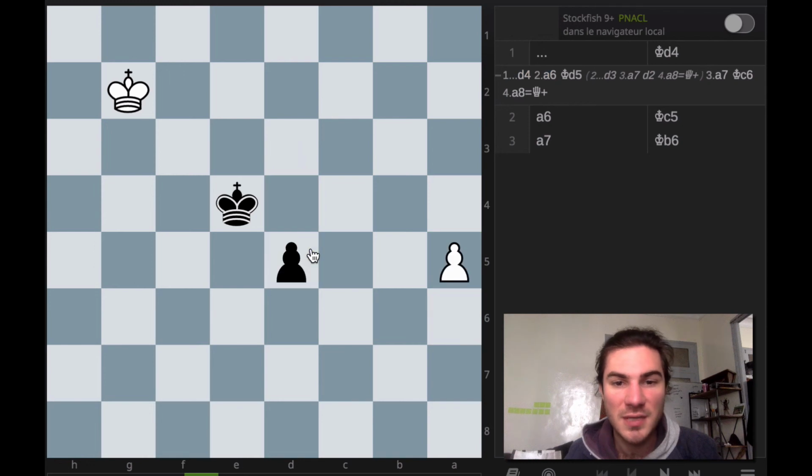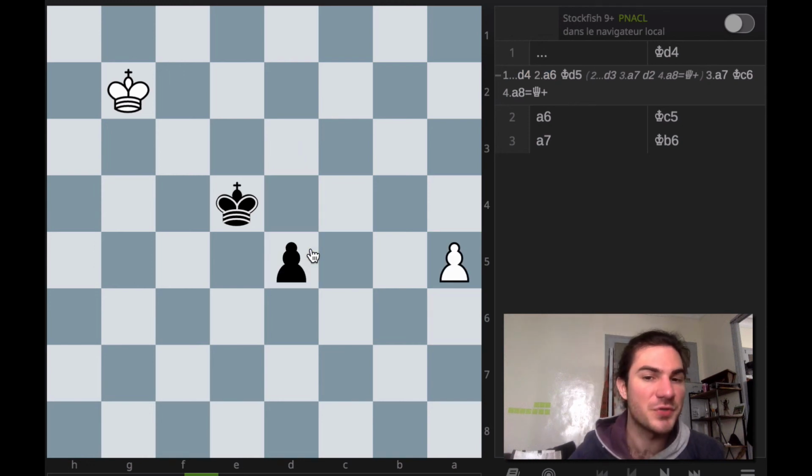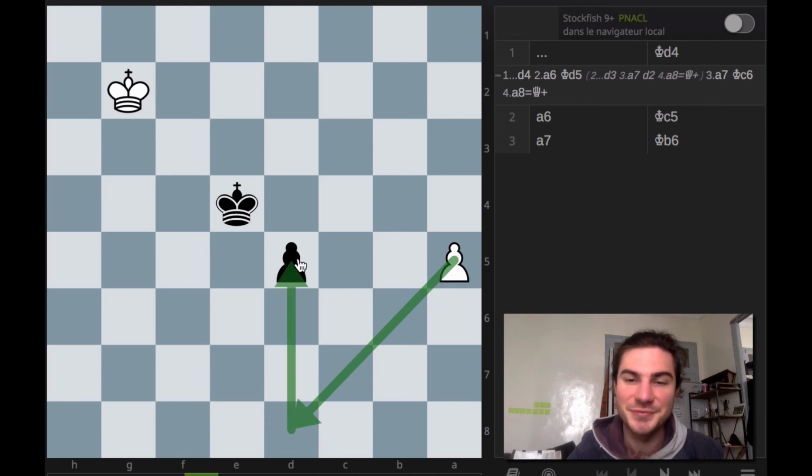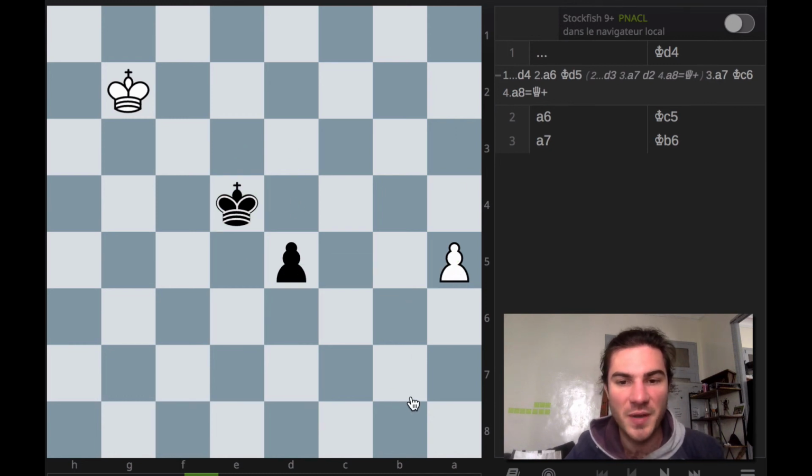Just a simple idea of the rule of the square. Can the king stop it? No, he can't, because the king can't get in. Even with white to move, you can imagine it. Boom, boom, boom, boom. The king's just too slow.